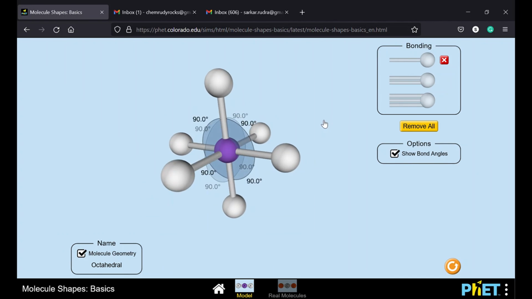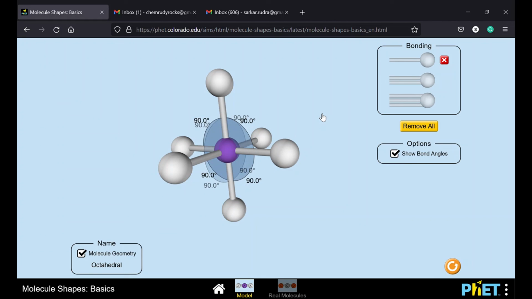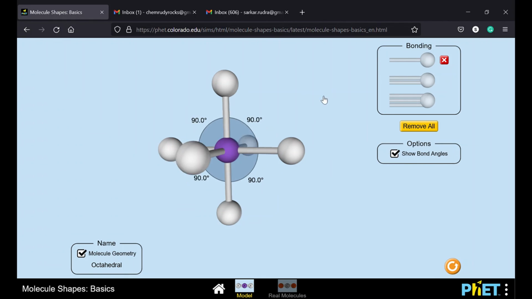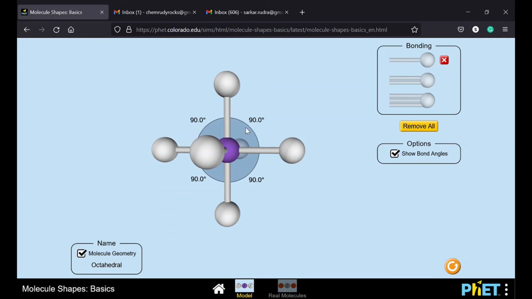Now if I consider that shape, then this is 90, even that is 90, that is 90, that is 90. So in total there are how many 90-degree bond angles? We will say 8. And the hybridization of the central atom over here is going to be sp3d2.